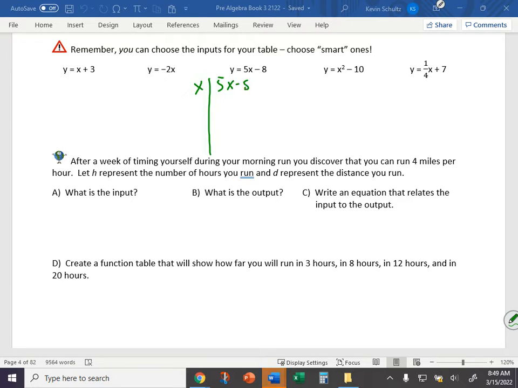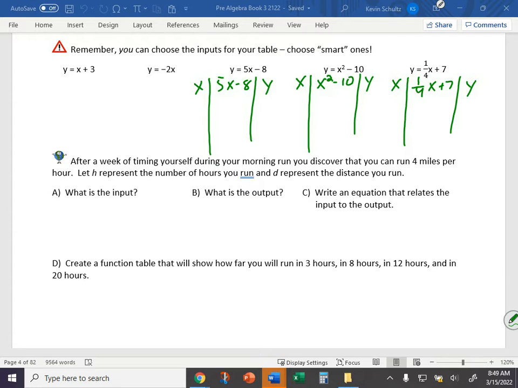Right, you will not all have the same answers. That is correct. Okay, so someone give me one that they did there for 5x minus 8. Sophie, 5.